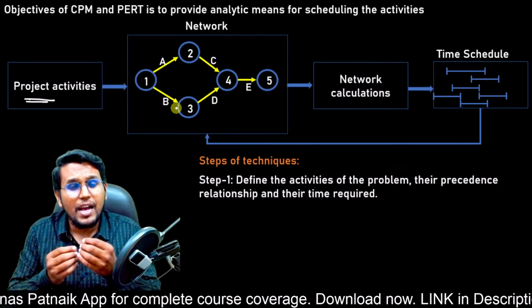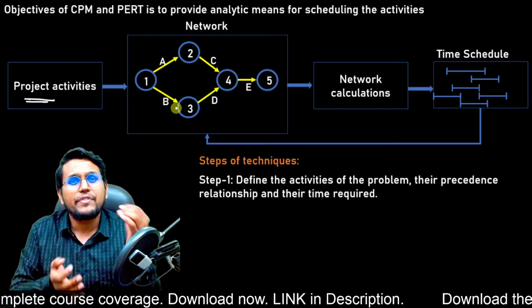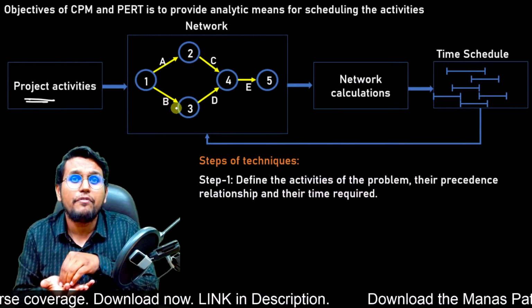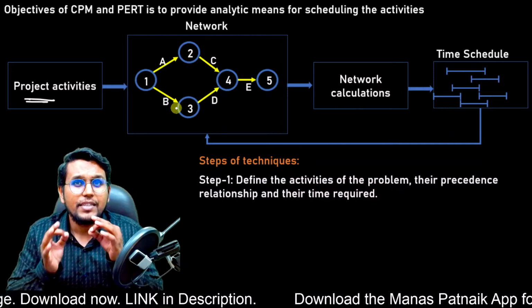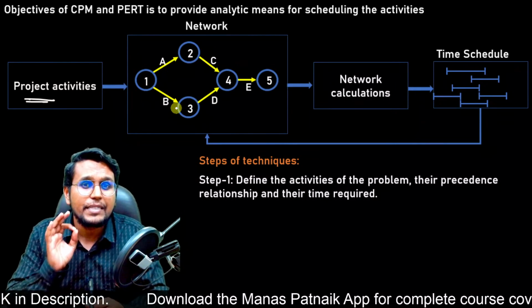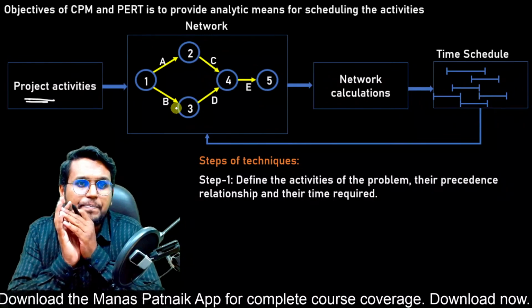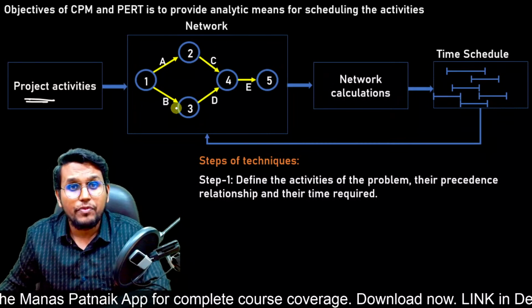So these activities are dependent. I can only raise a wall after the foundation activity is completed. That is what precedence means. So we need to find out the exact correct precedence and then the time required by each activity. These are the things we need to do first.